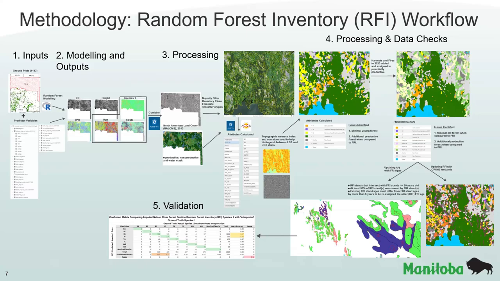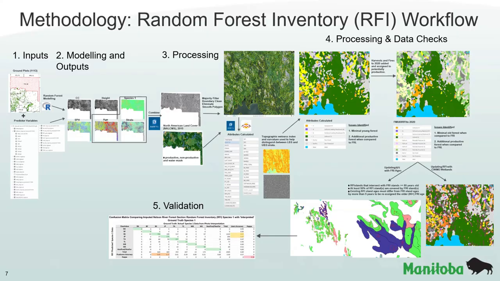There were some issues with it because we used the NALCMS data as a productive mask. I think we overestimated productive forest. There were also some issues with age, minimal young forest. So we tried to fine tune that by bringing in updated fire data and used the older inventories to fine tune the inventory ages as well.